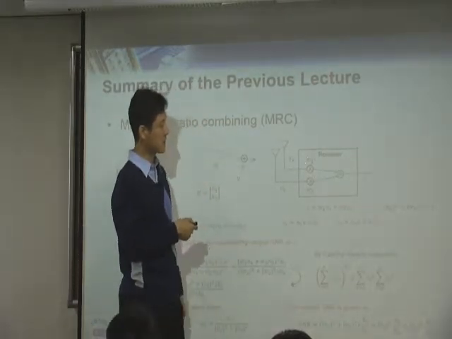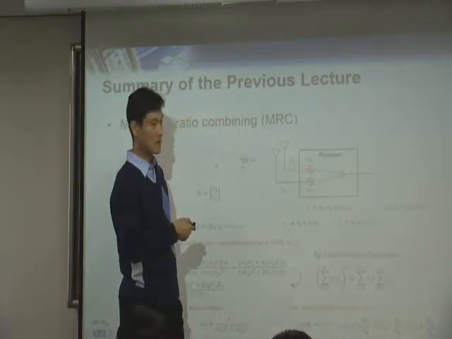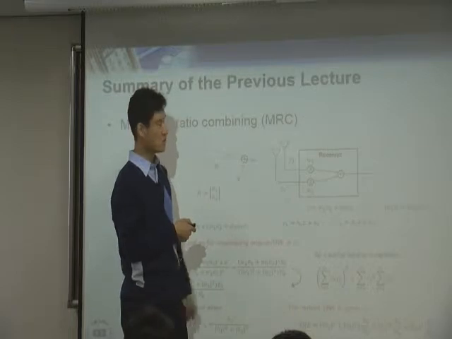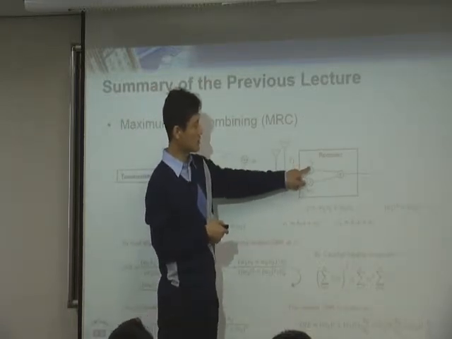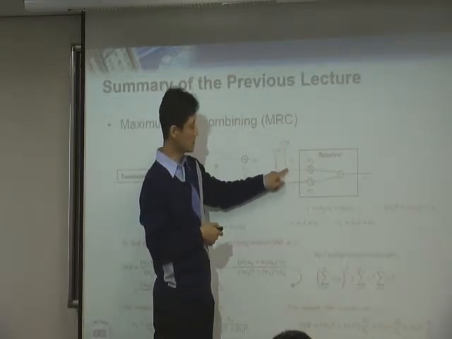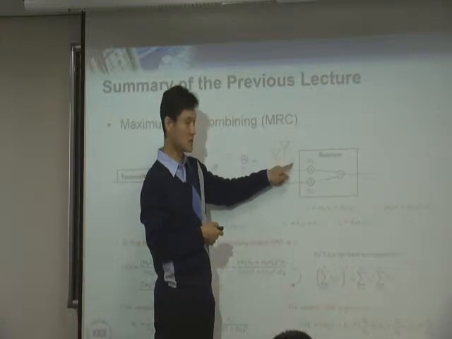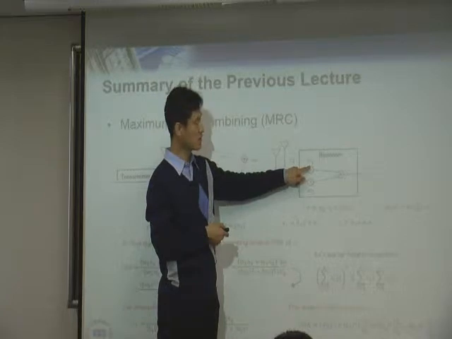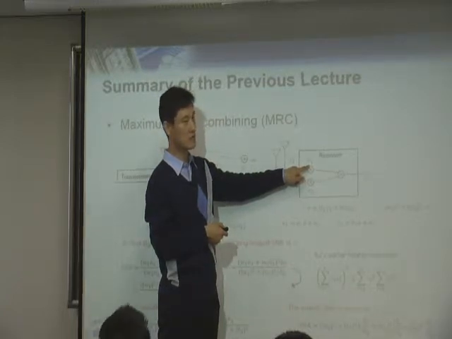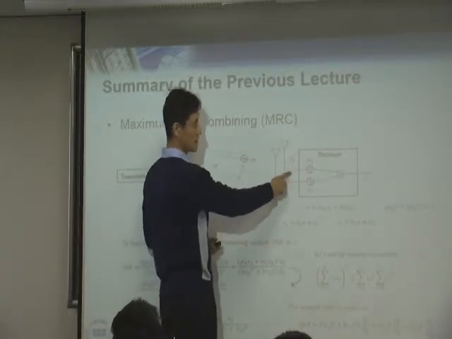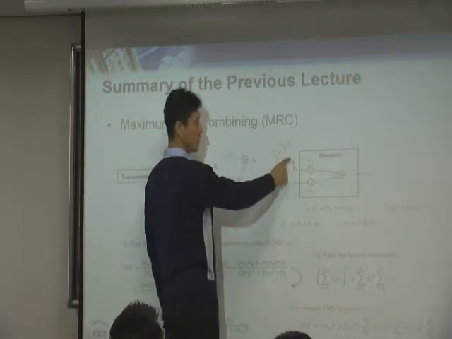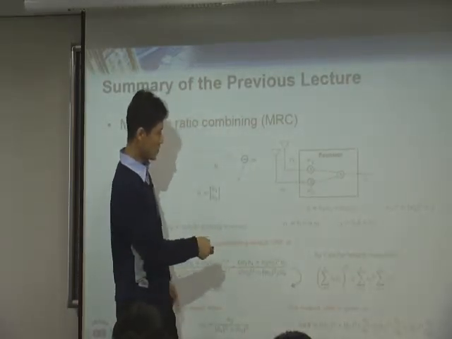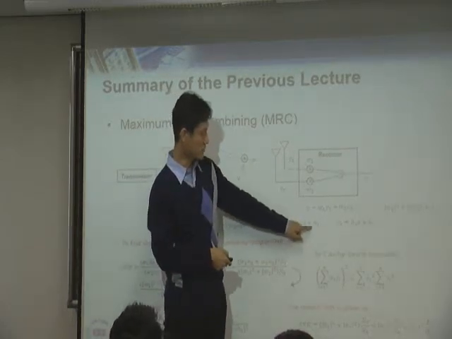When you multiply some gain, your SNR does not change, right? Because you multiply a certain gain onto this first received signal, but this amplification also impacts the noise. Y1 equals H1 S plus N1.